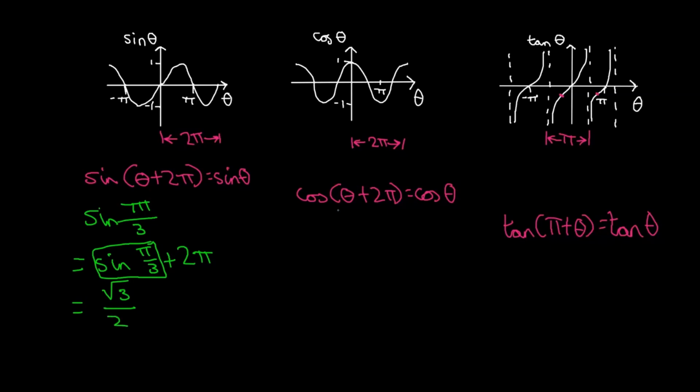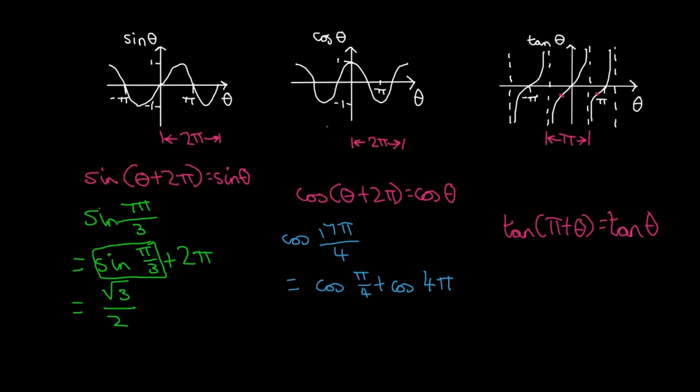Okay, now let's do cosine. Let's say we have cosine of 17 pi over 4. Now this is equal to the cosine of pi over 4 plus 4 pi. Well, now this is interesting because our identity says the cosine of theta plus 2 pi is equal to the cosine of theta.